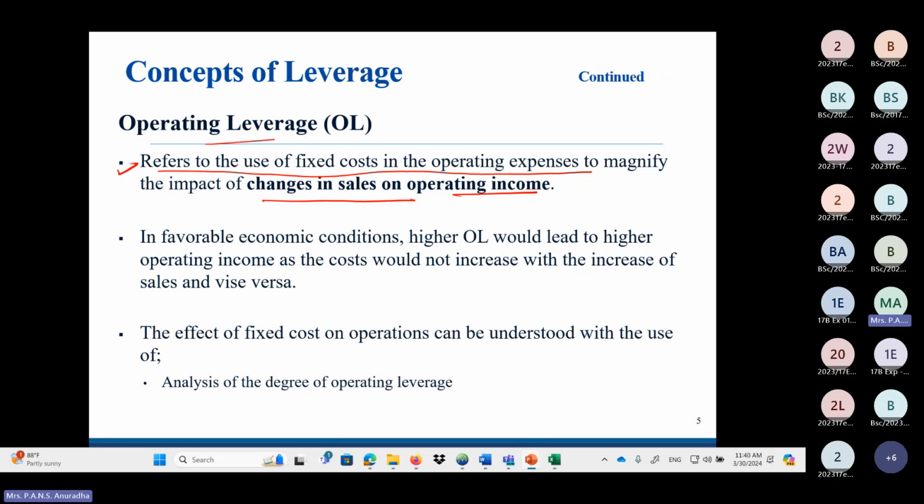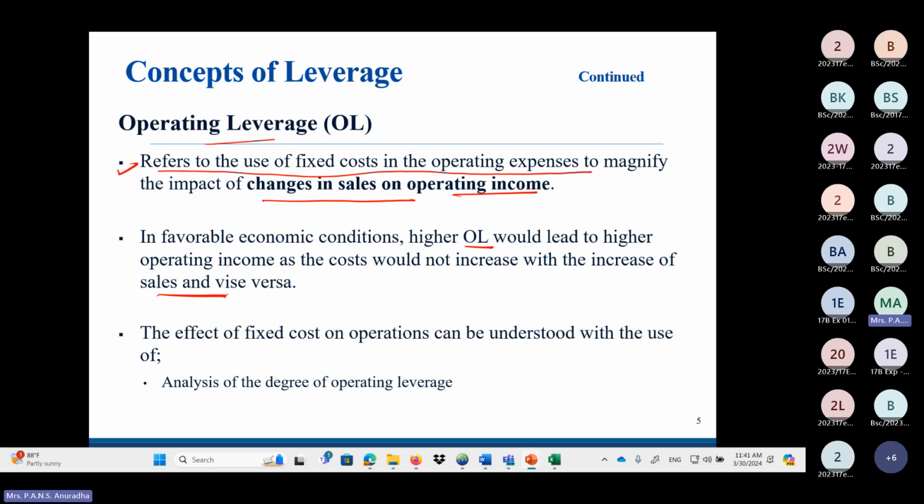In a favorable economic condition, sales are increasing.